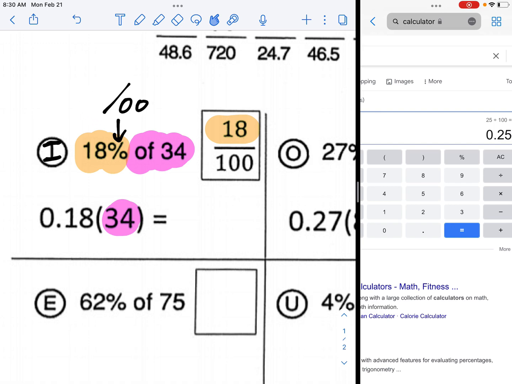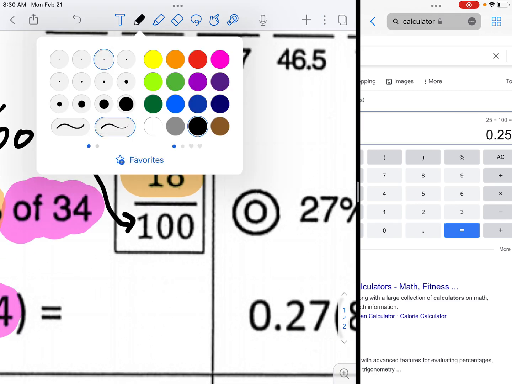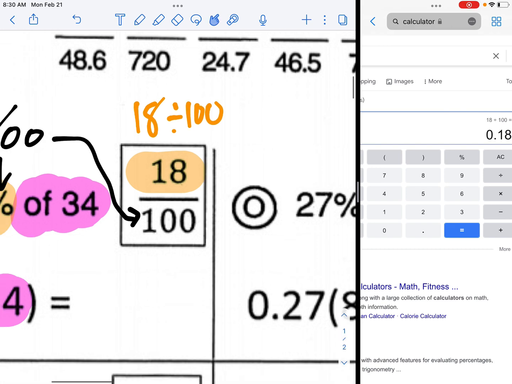All right, in any case, so that really is the number 100, and that 100 is also down there on the bottom. Okay, so now I can take that fraction, 18 100ths, and I can rewrite it as 18 divided by 100 and put it in my calculator. 18 divided by 100 is 0.18, or 18 hundredths.